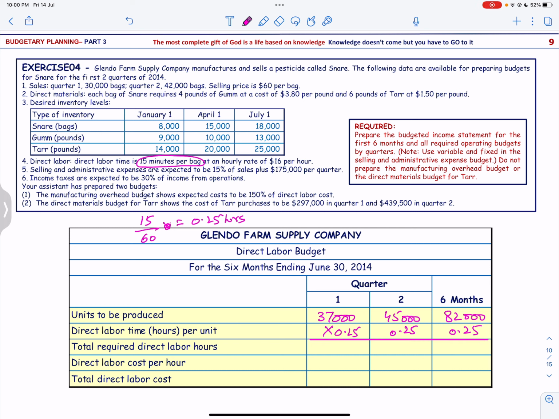So this is 9,250, 11,250 and 20,500. And the direct labor per hour is 16.